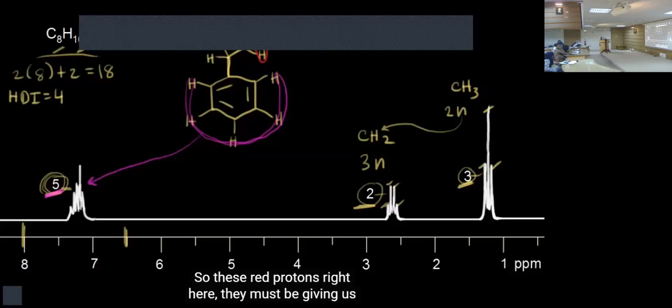These are all n plus 1 rule. There is no complicated signal like doublet of a doublet, or triplet of a doublet, or doublet of a triplet pattern, whatever. There are no such complicated signals. These are the simplest, easiest NMR.